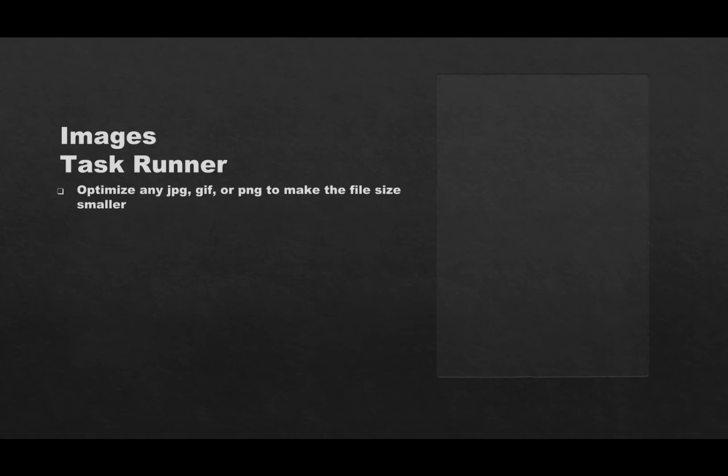And then optimize any images to make the file size smaller. And this can also be helpful. I don't know if any of you have used WordPress, but WordPress will set multiple image sizes for each image. So let's say I throw in an image that's 1,000 pixels by 1,000 pixels.